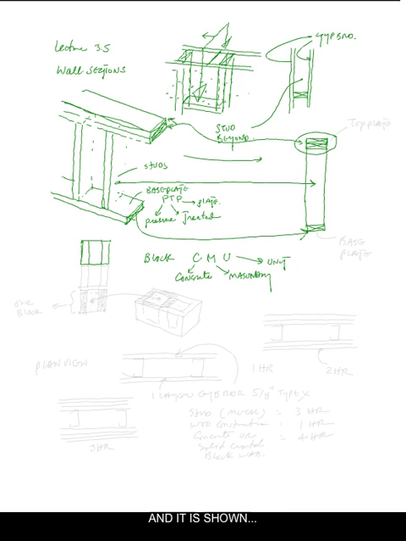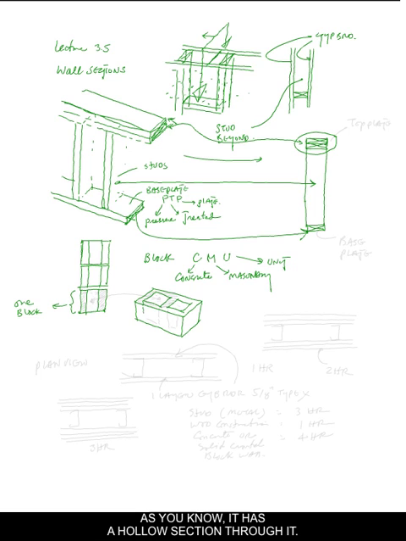And it is shown typically like this. The reason is that each one of these is a one block, so the block is typically shown or built as, you know, it has a hollow section through it.